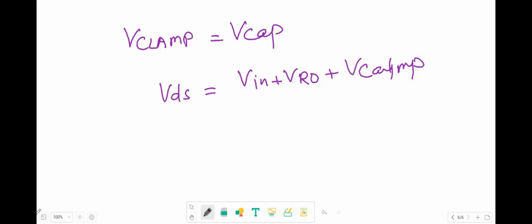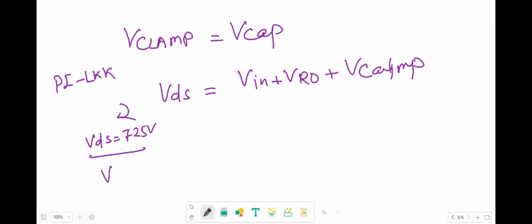Let's say you selected a MOSFET with a VDS rating of 725 volt. Let us say you have used a Power Integrations switch, a LNK switch, wherein the drain to source maximum voltage is 725 volt, and you want some margin, right? You don't want to operate your switch at 725 volt. You want at least 80% headroom.